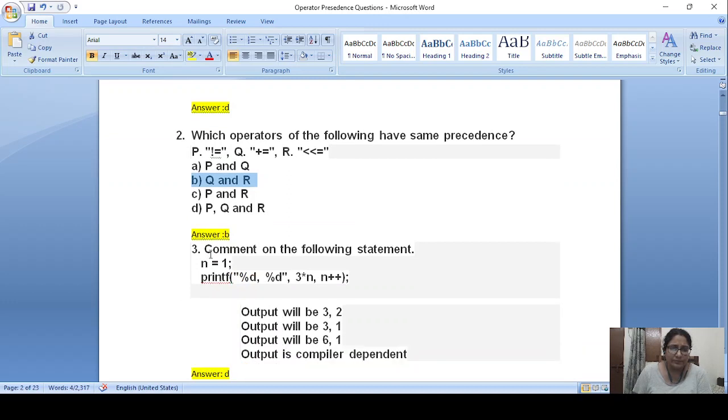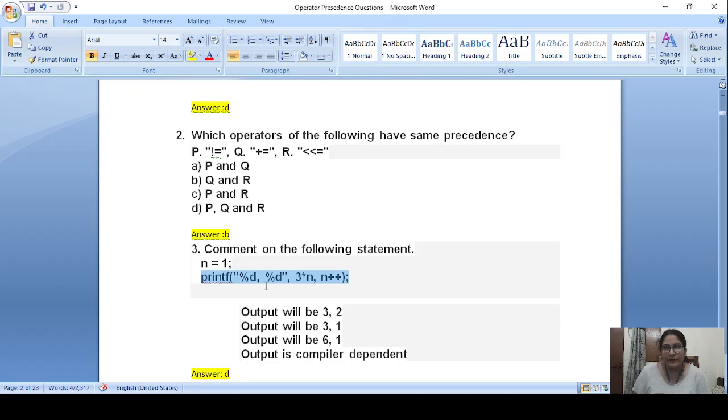Now again, comment on the following: if n is equal to 1, printf of percent d, 3 multiplied by n and n plus plus. Whenever you get a question in which the printf statement has n plus plus or plus plus n, that is, the prefix or postfix operator used on a variable, just remember that the output will be compiler dependent. Prefix and postfix operators run in such a way that their output is normally compiler dependent if it is in printf.